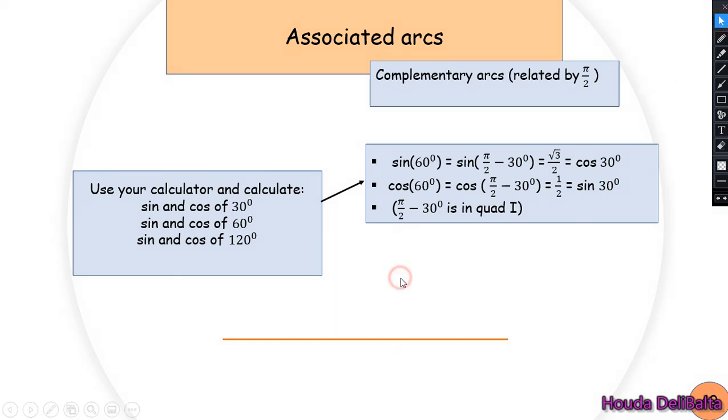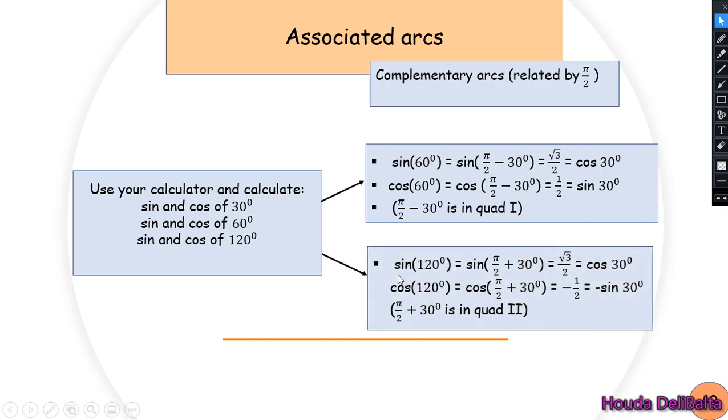What about 120? Sine of 120 using the calculator is also radical 3 over 2, which is again cosine of 30. Cosine of 120 is minus half, which is minus sine of 30.